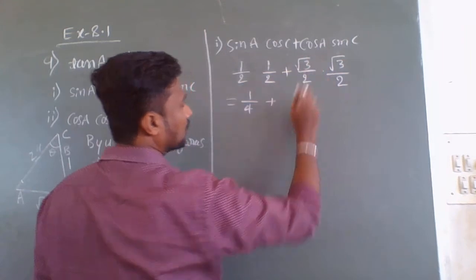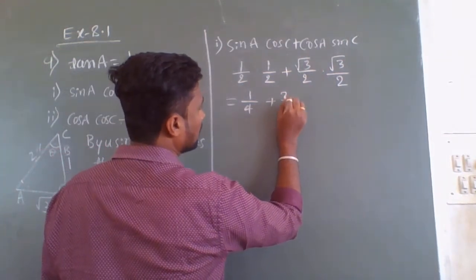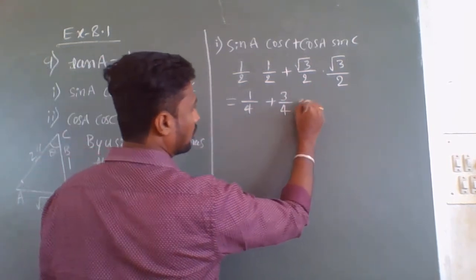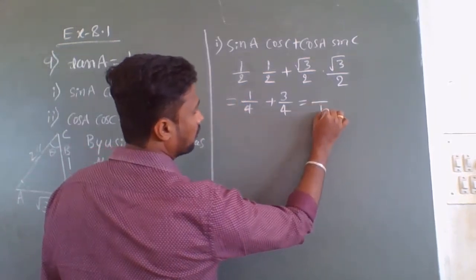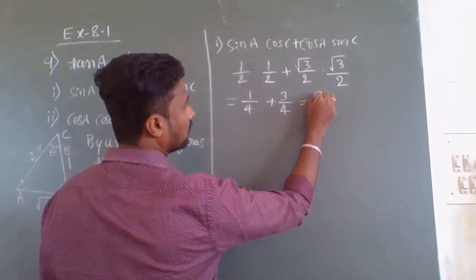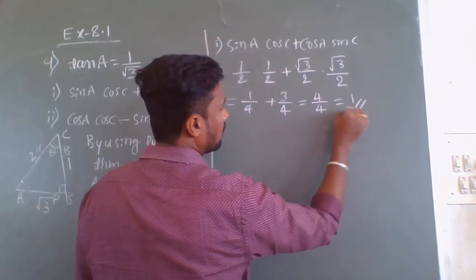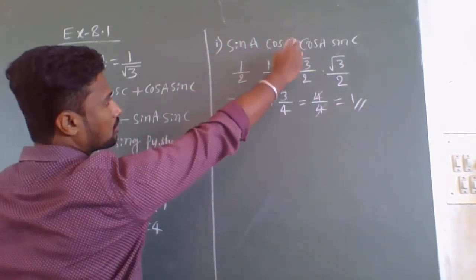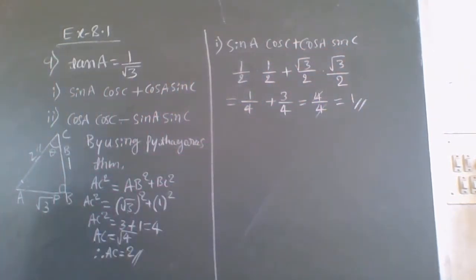Root 3 into root 3 is root 3 square, which is 3, so 3 by 4. The denominator is the same, 4, and 1 plus 3 is 4, so 4 divided by 4 is 1. So the value is 1. Now we will calculate the second one.